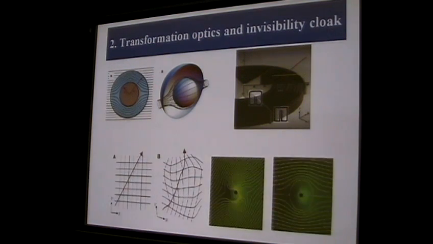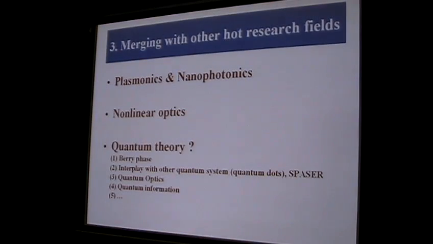I think many people can still do this kind of work. Also, from my personal perspective, I think metamaterials are now merging with other hot research fields. For example, they are merging with plasmonics and nanophotonics.